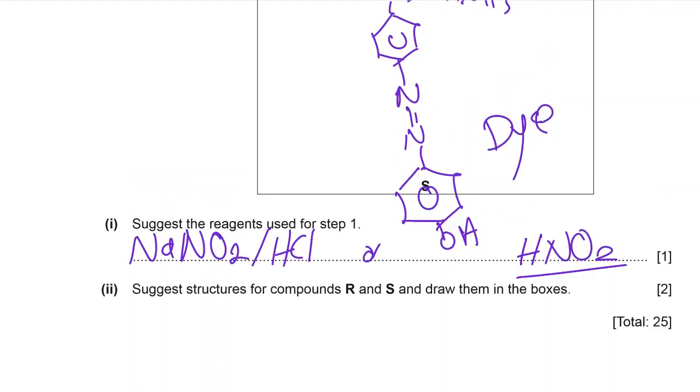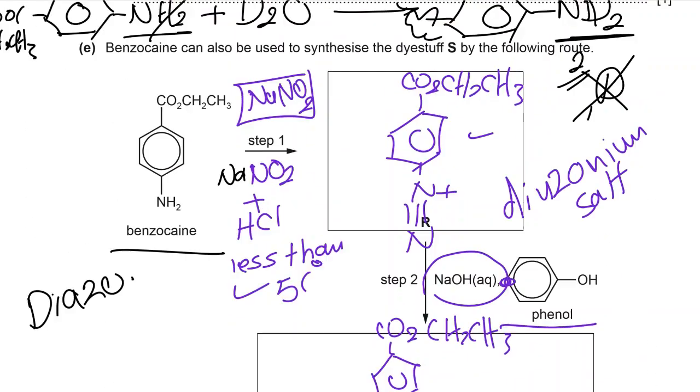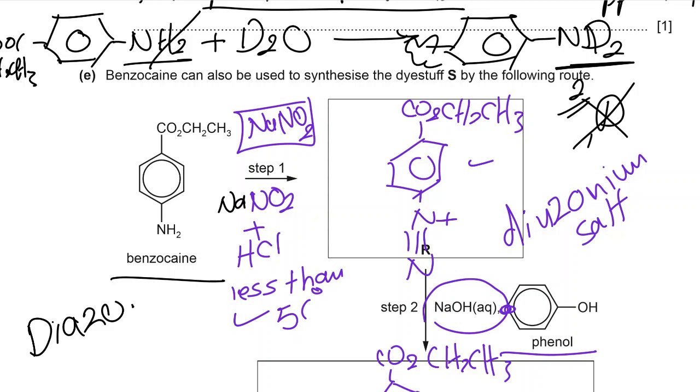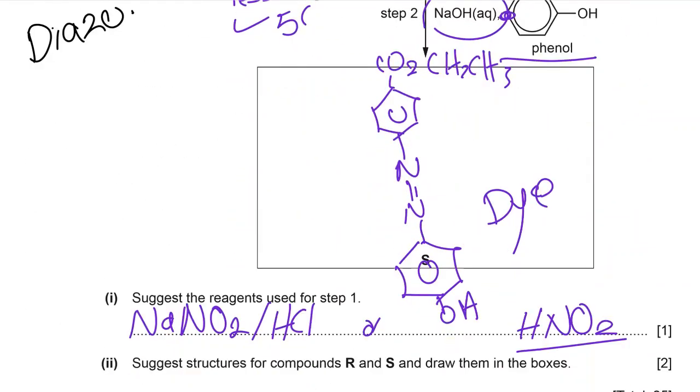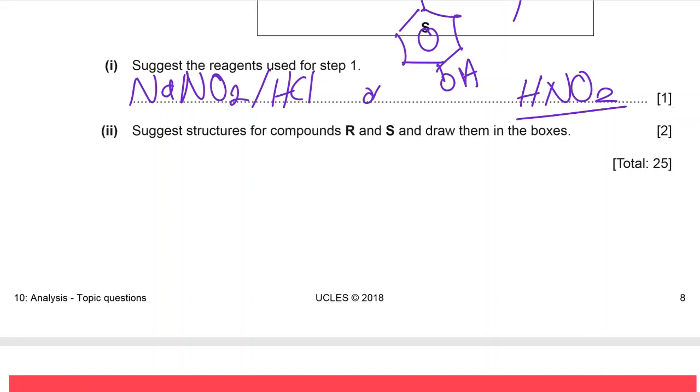Sorry for that. So just let me correct this one in the box. This one, HNO2, nitrous acid. Okay, nitrous acid. And the suggested structures are S and S, we have completed in the boxes.